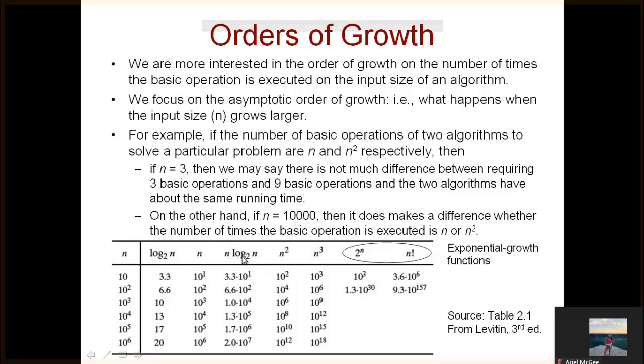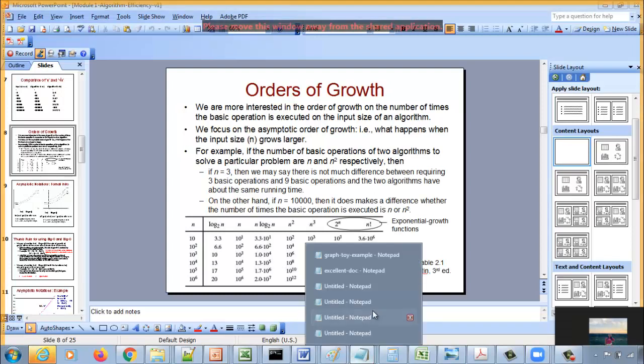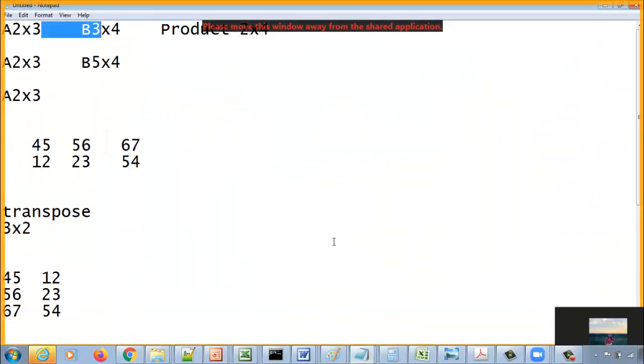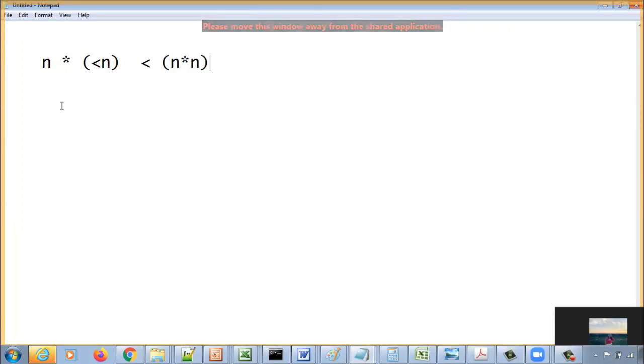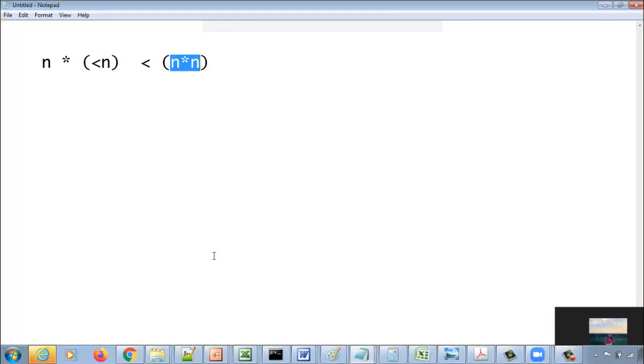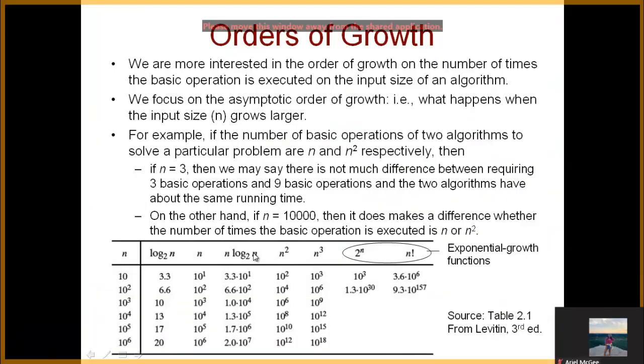So n multiplied by something less than n is going to be eventually less than n squared, right? Because n squared is n times n. So n multiplied by something less than n is going to be less than n times n. That's why we say n log n grows slower than n squared.